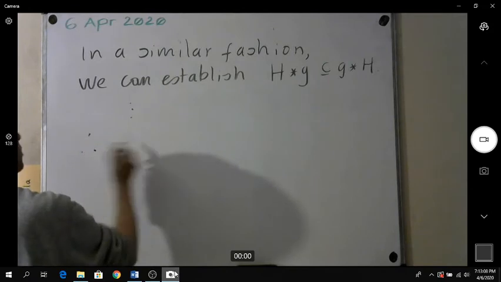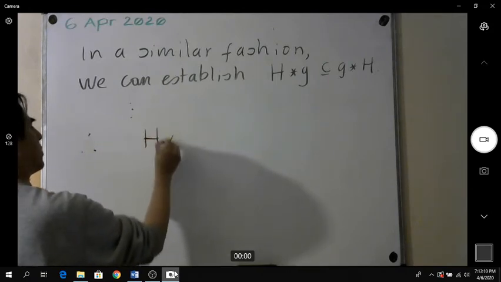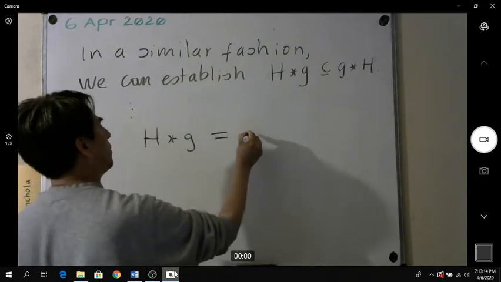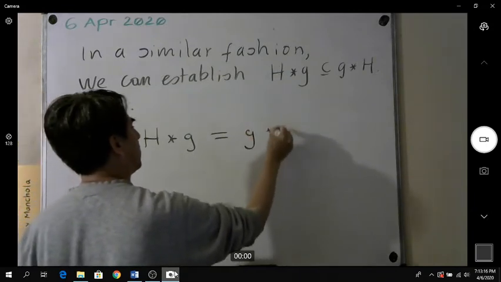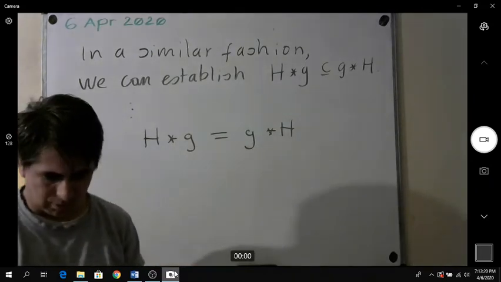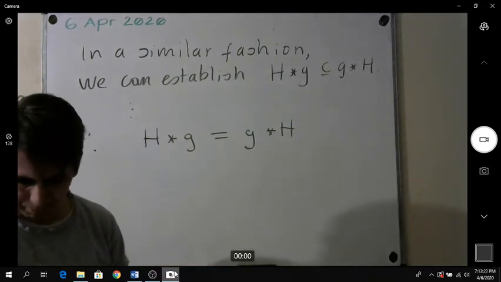So therefore, H star g must equal g star H, or you can write them in the reflexive fashion.